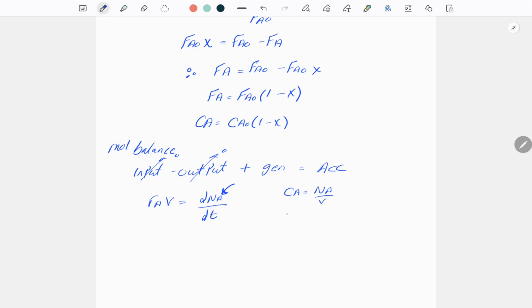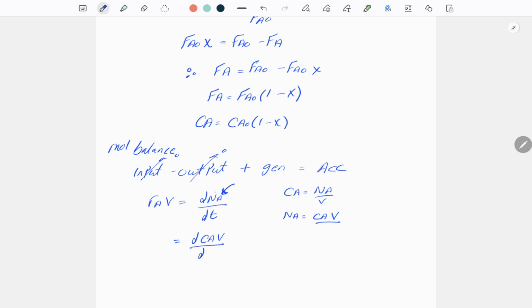Okay, therefore the moles equals concentration times volume. We can substitute this into our differential. Therefore, the right side will look like this: the differential of CAV.